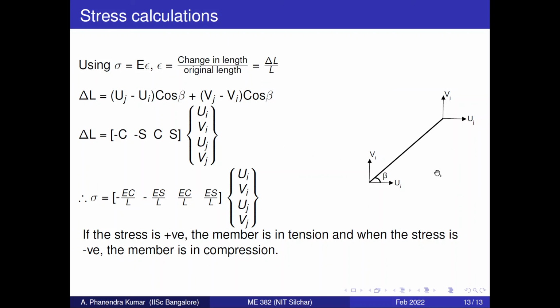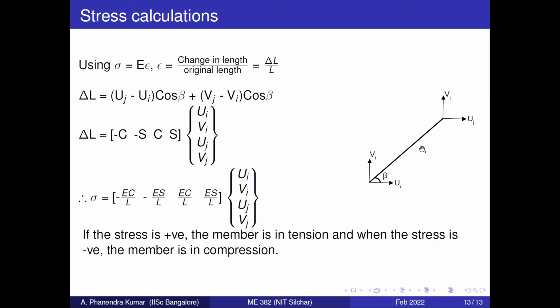But what happens if there is a temperature change? Like if some temperature increment has been applied to the structure, we need to find what stresses will be developed in the member. We might be working in some industrial area where we deal with high temperature substances.